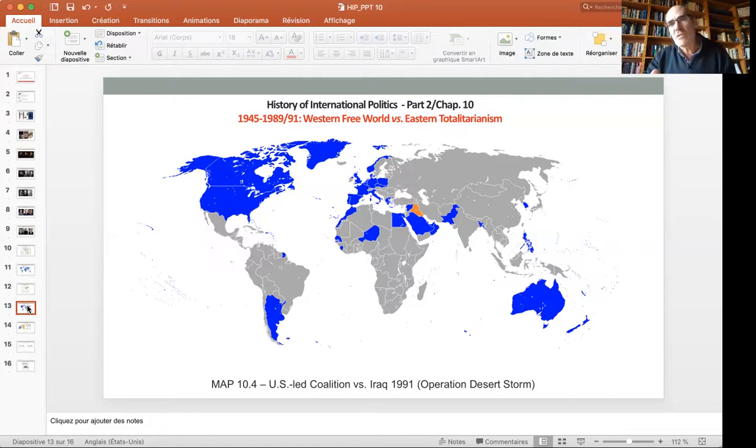And of course, the US considered the Eastern Bloc, the communist world, to be its rival, its adversary, against which the Western values, the Western solidarist conception of the international society should be defended and, if possible, promoted.